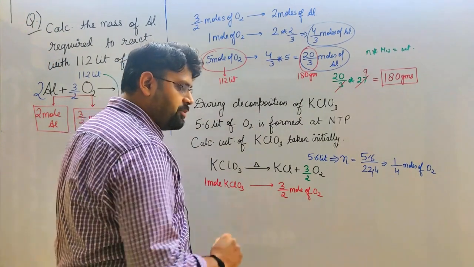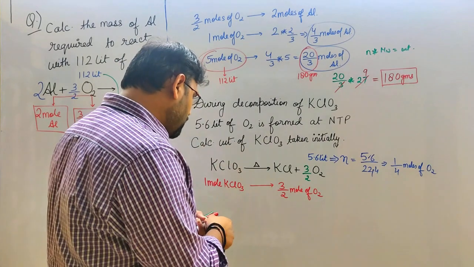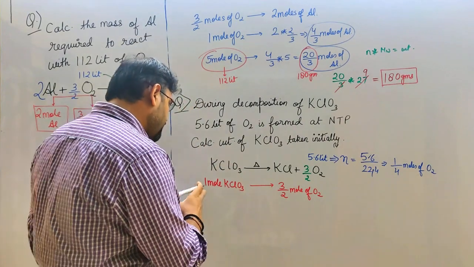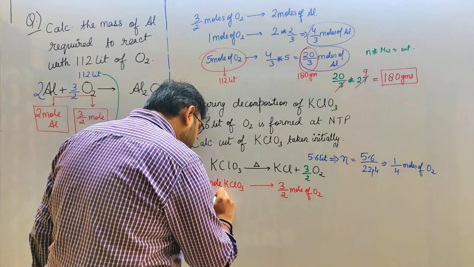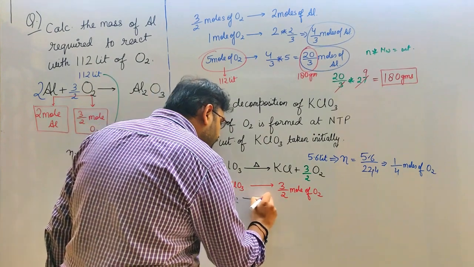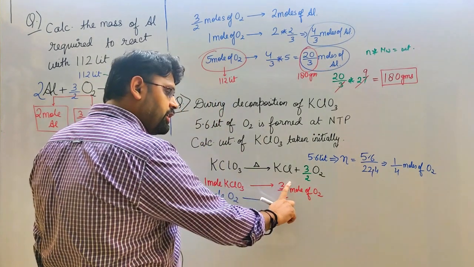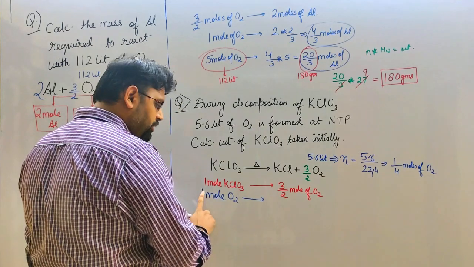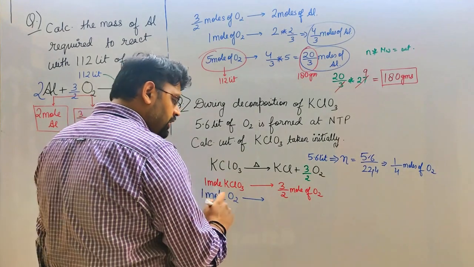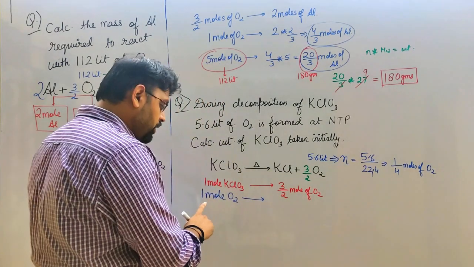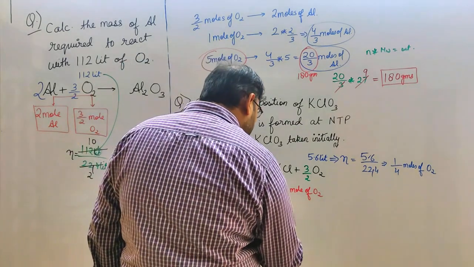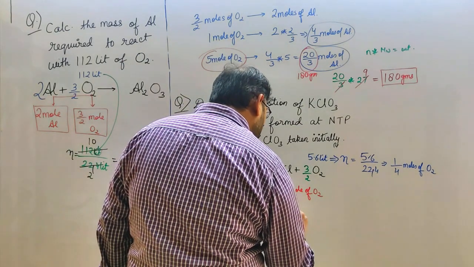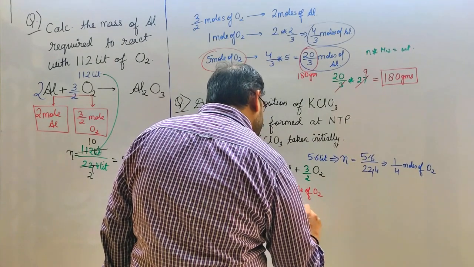KClO3 requires 3 by 2 mole of oxygen. So 1 mole of oxygen will require how many moles of KClO3? We'll keep 1 mole here and bring 3 by 2 here. 1 upon 3 by 2 will give you 2 by 3 moles of KClO3.